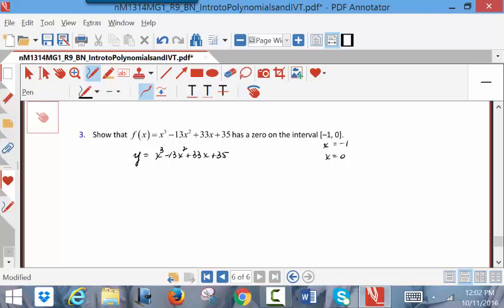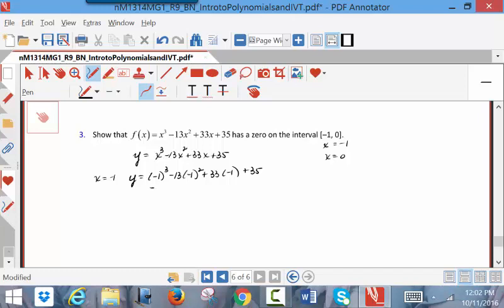If I plug in an x value of negative 1, then y will equal negative 1 cubed minus 13 times negative 1 squared plus 33 times negative 1 plus 35. This is going to be some weird number, right?